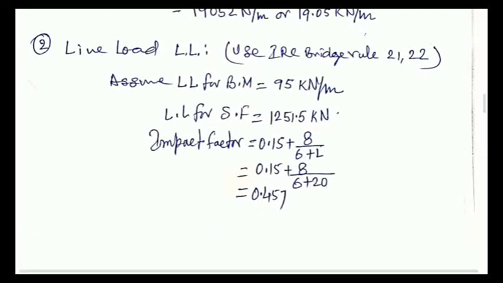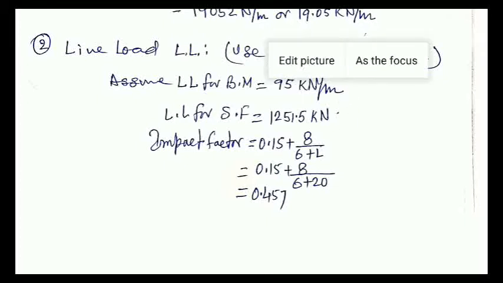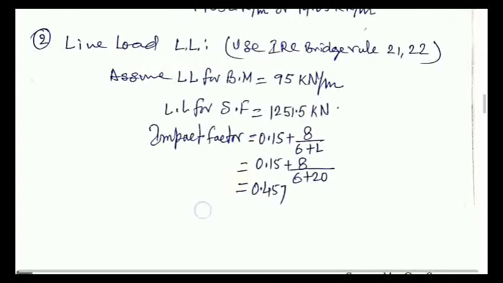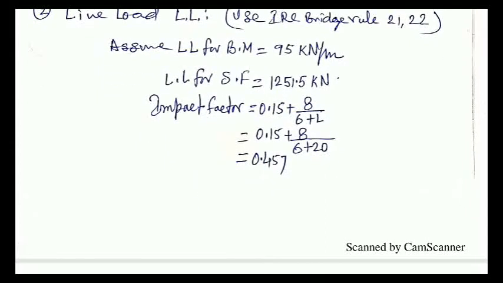Now find out the live load by the IRC bridge rule. Suppose this is 95 kilonewton per meter, because presently we are assuming it as 95 kilonewton per meter. So the live load for shear force comes out to be 1251.5 kilonewton.